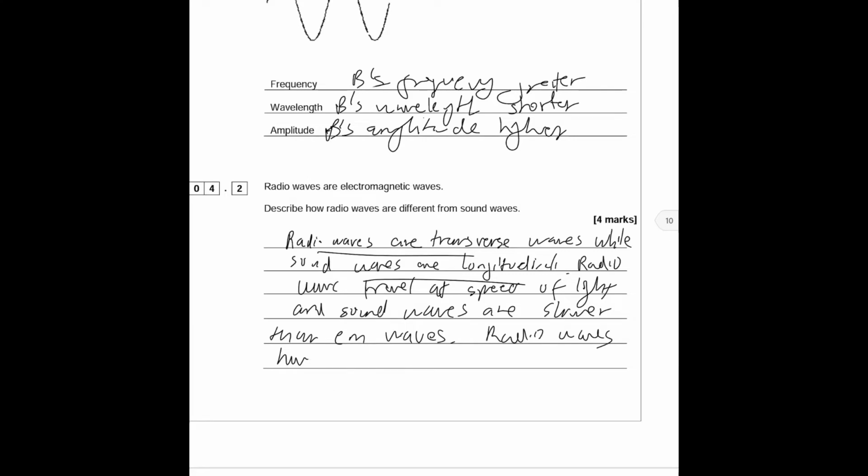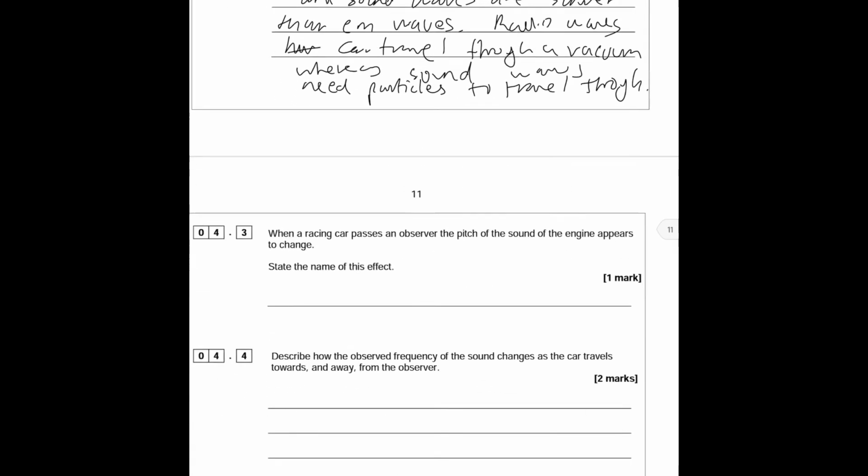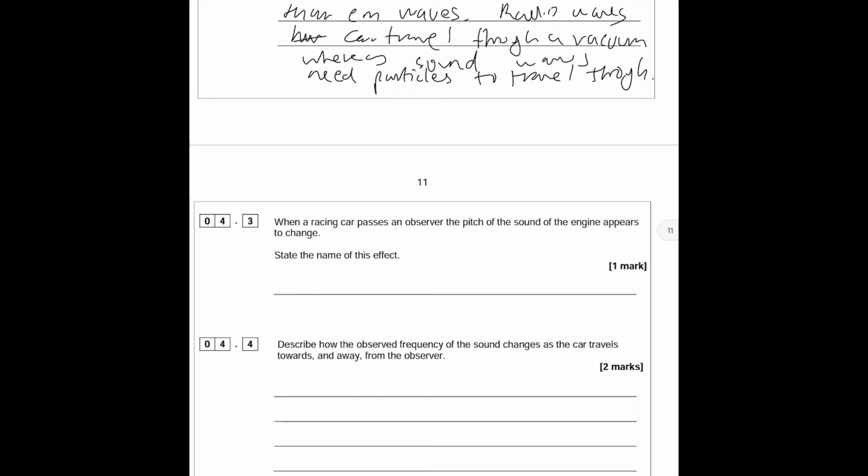Radio waves can also travel through a vacuum, whereas sound waves need particles to travel through. So now this is some good 4 marks being scored.